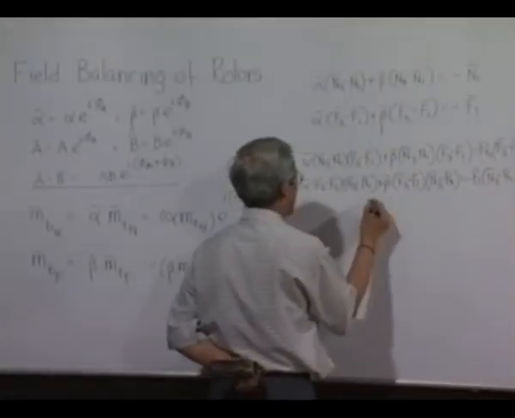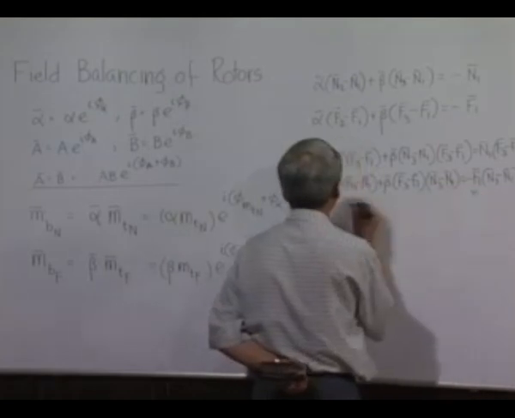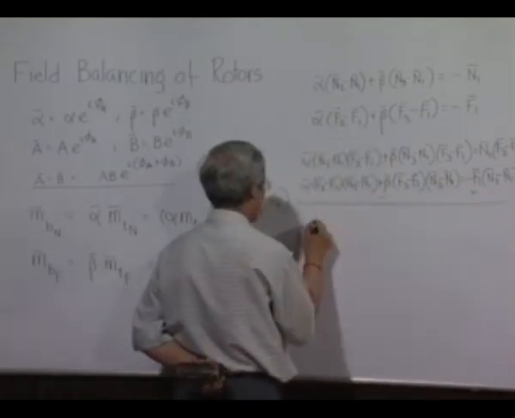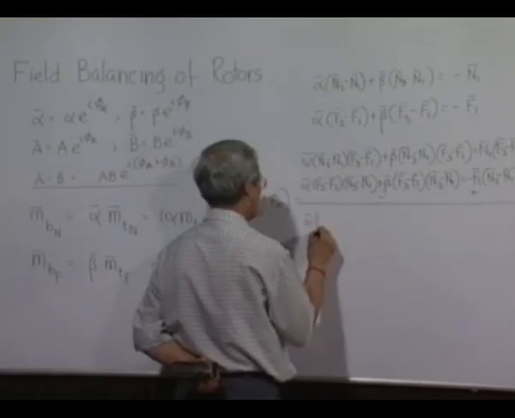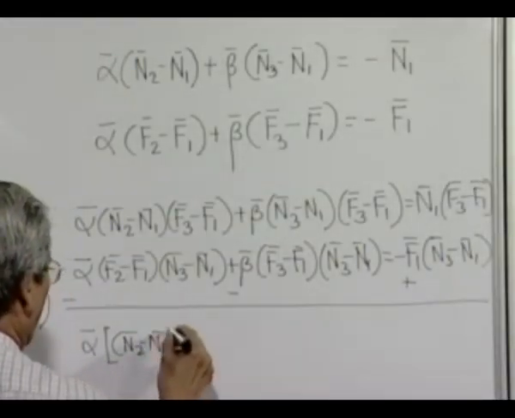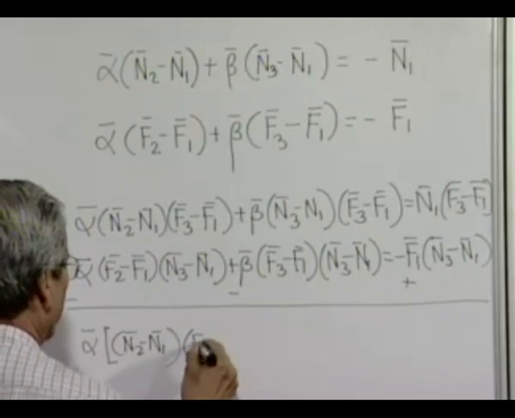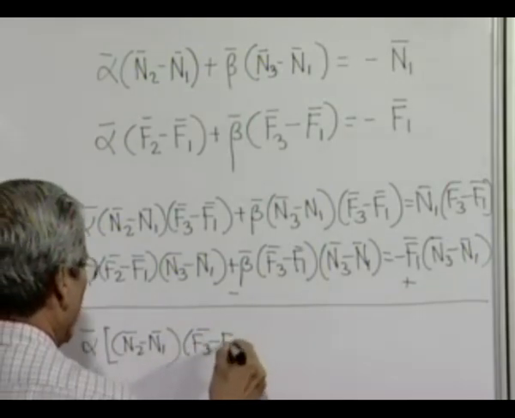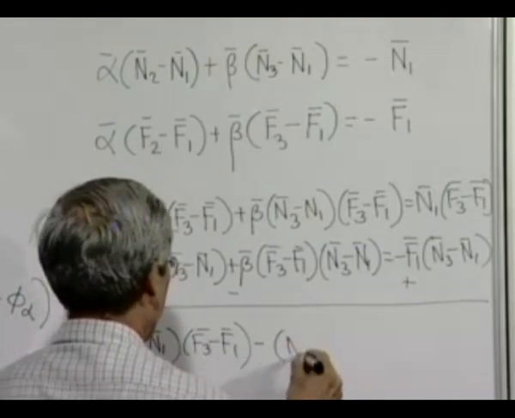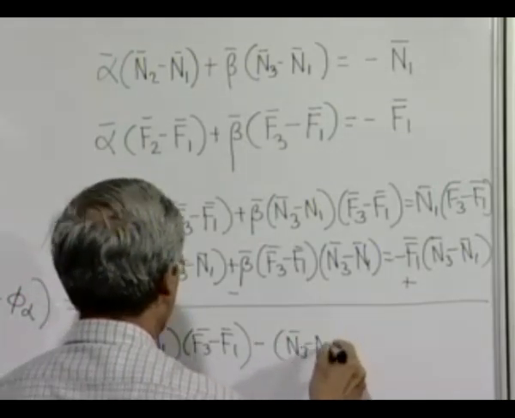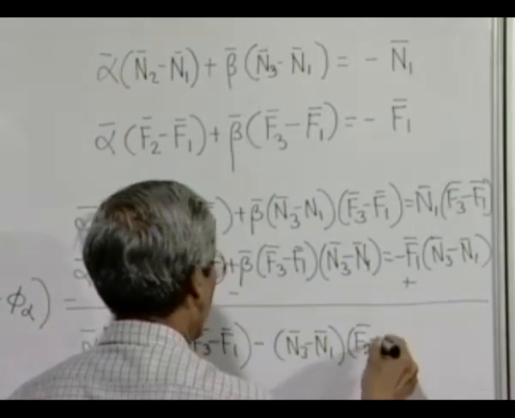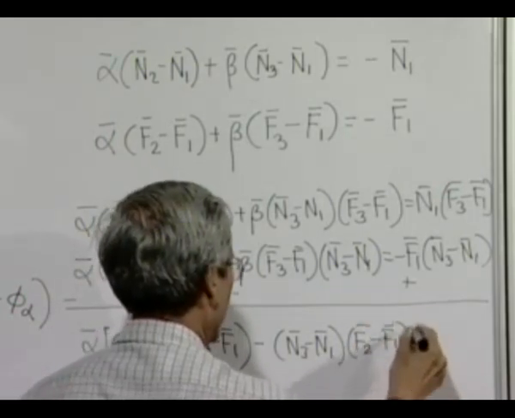So, we subtract this, or change the sign and add, whatever you may say. So, what we get, alpha into N2 minus N1 into F3 minus F1 minus N3 minus N1 into F2 minus F1.